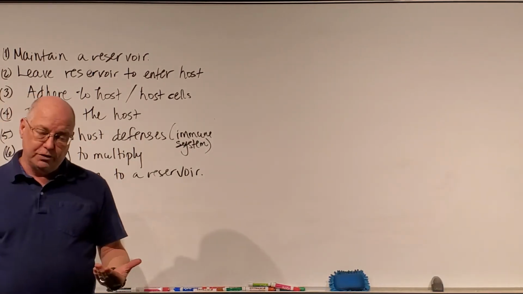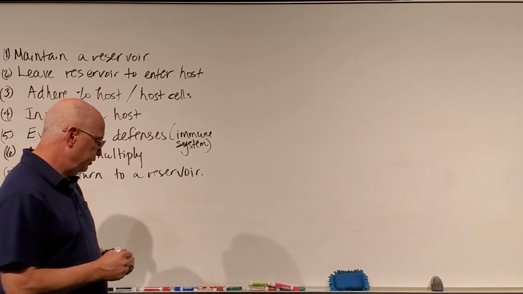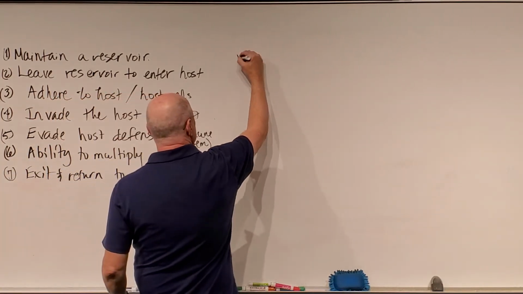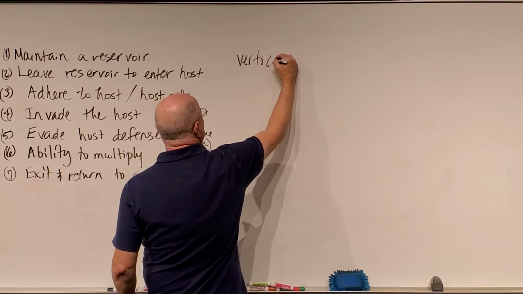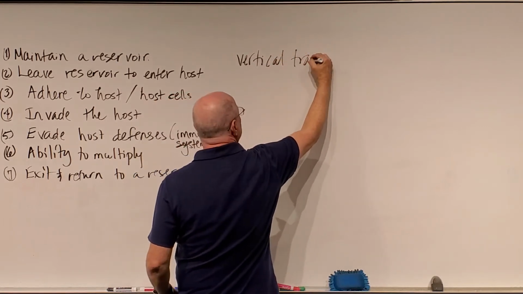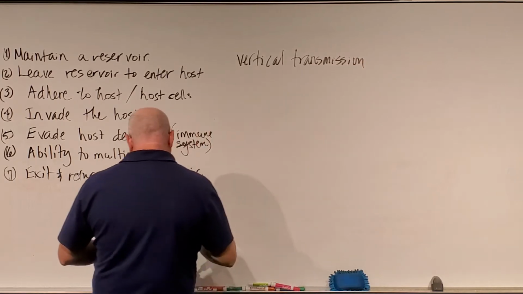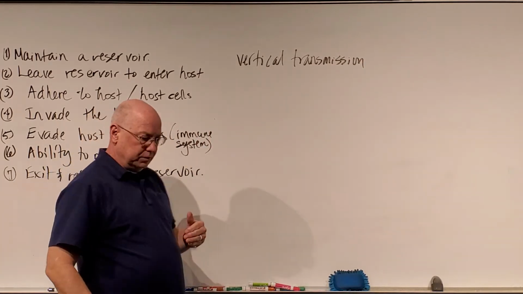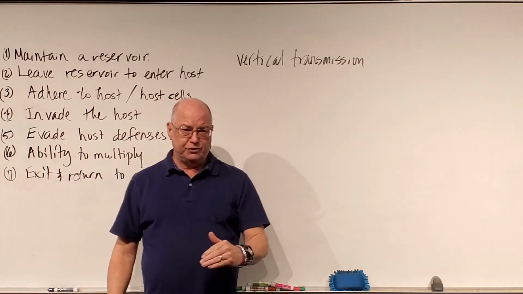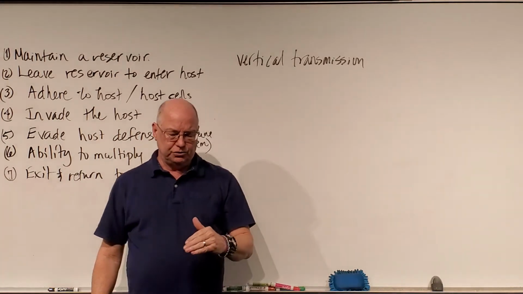There's what we call vertical transmission, and this is one I want to focus on a little bit, and I've talked about it in the last video. In vertical transmission, the disease is carried from parent to offspring, from the mother to the child, so to speak.